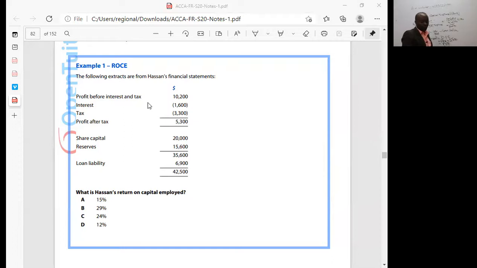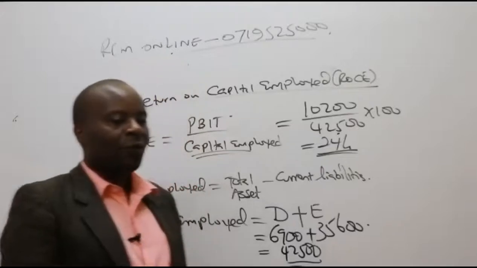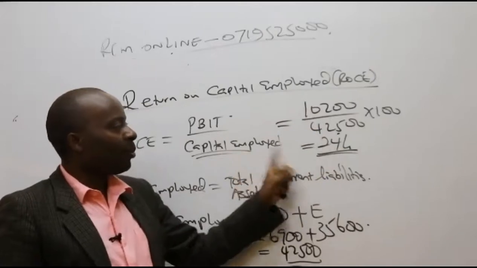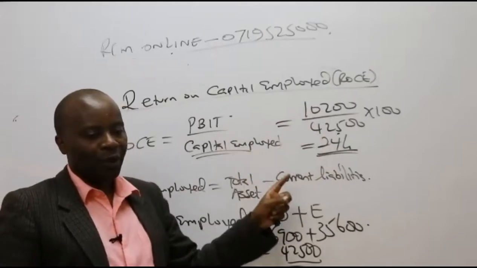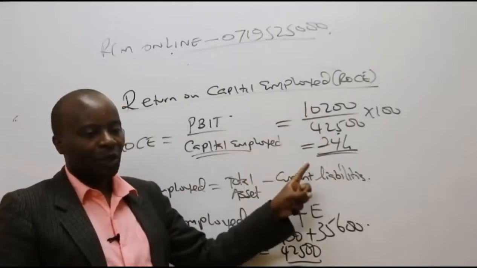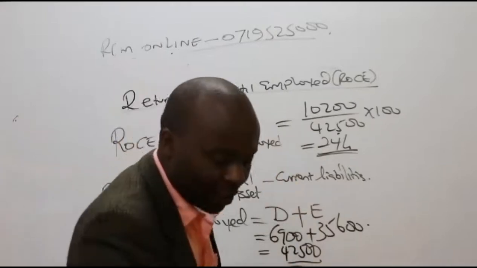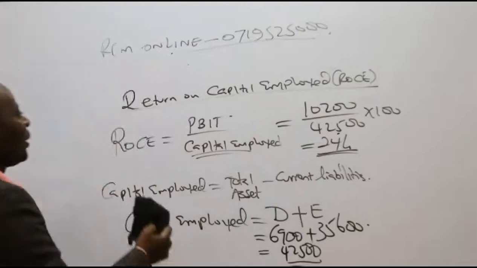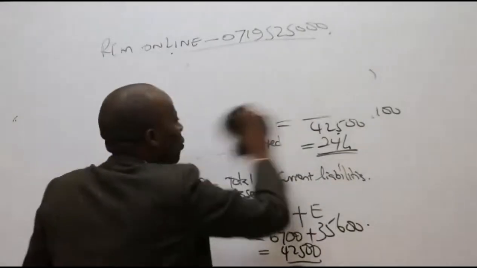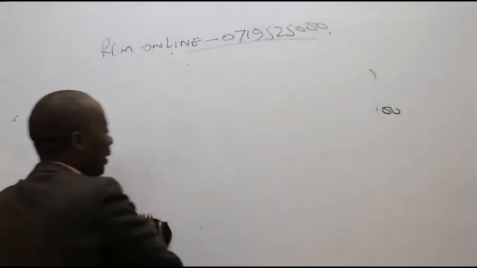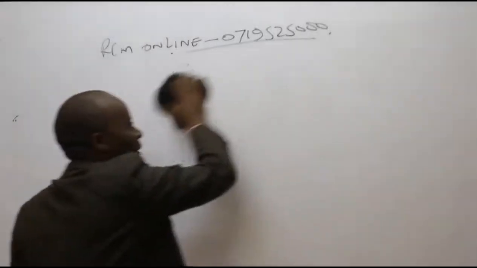What I've done is taken the profit before interest and tax, 10,200, divided by capital employed of 42,500, changed it to percentage, which gives me 24%. That is quite an important profitability measure. It's important that we learn how to calculate these ratios.